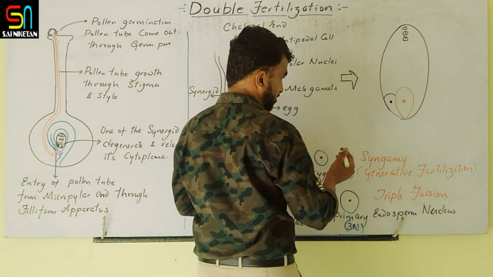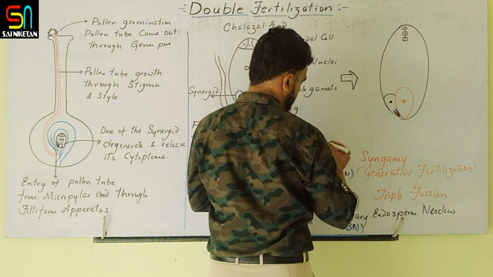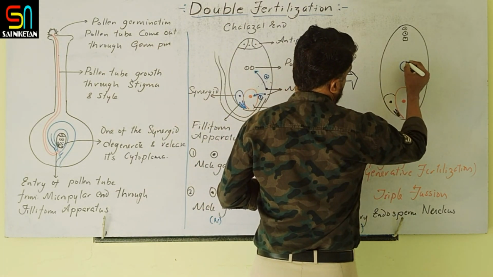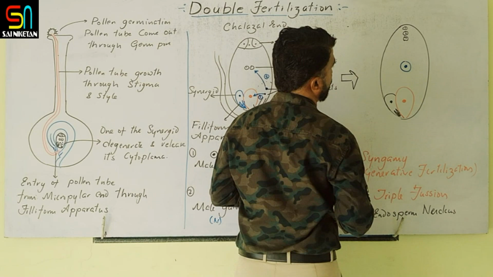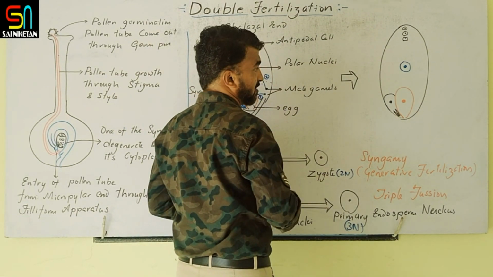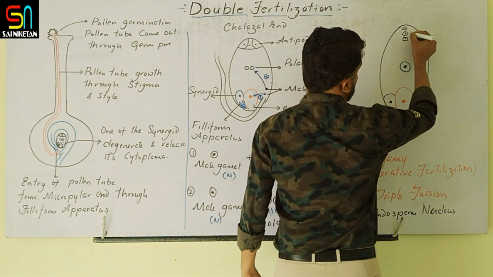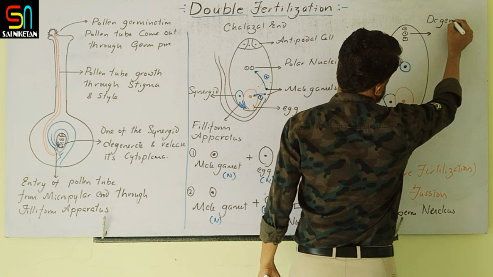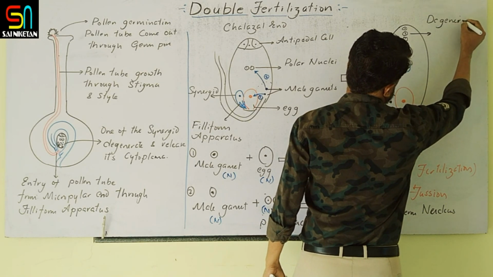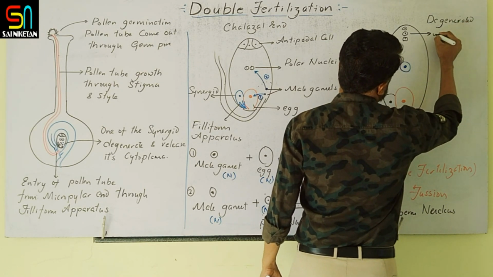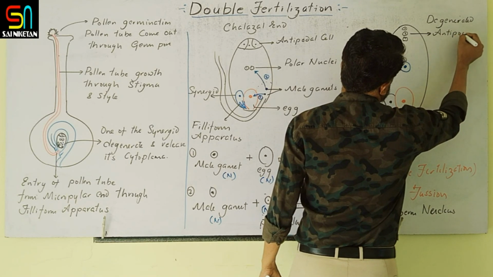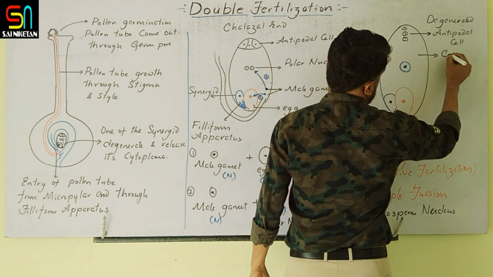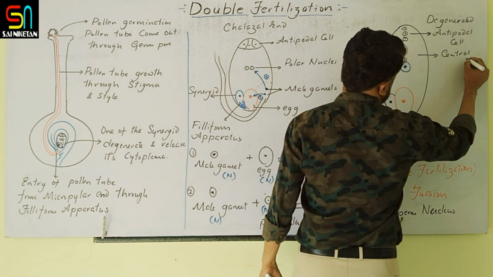This will also undergo degeneration. In the center, this is the primary endosperm nucleus. So this is the fertilized embryo sac. These are the degenerated antipodal cells. This is the central cell.